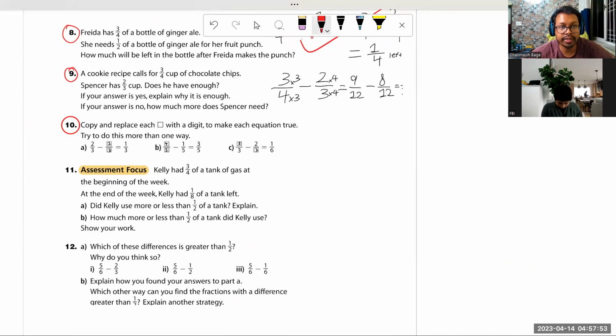Okay, try to do this more than one way. Copy and replace each box with a digit to make each equation true. 1/3, this thing is correct. 4/5 minus this one 3/5. 3/3.